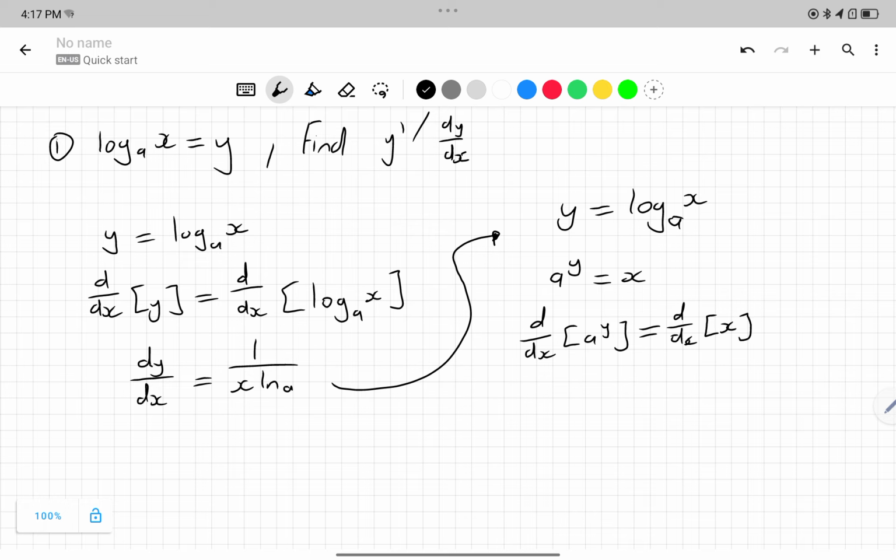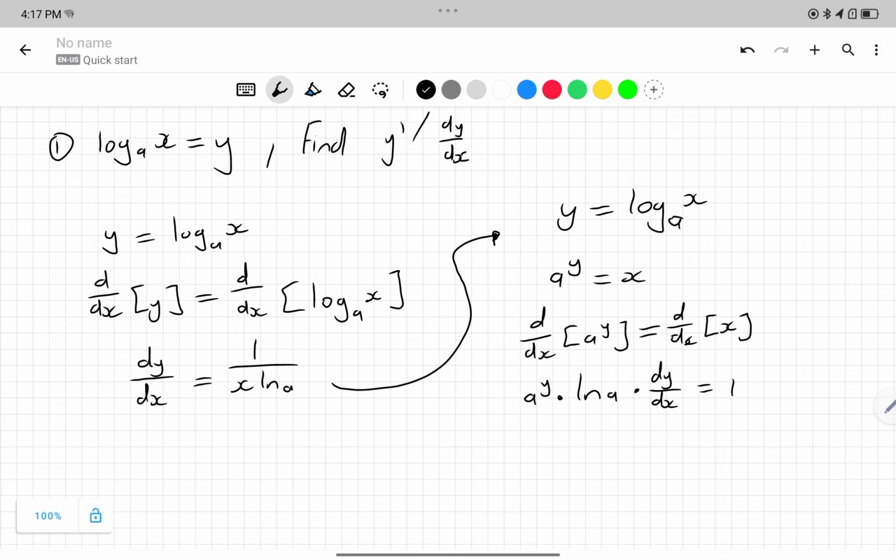What we will get here is a to the y, multiplied by ln a, the base, times the derivative of the exponent, which is dy over dx, which is equal to 1.